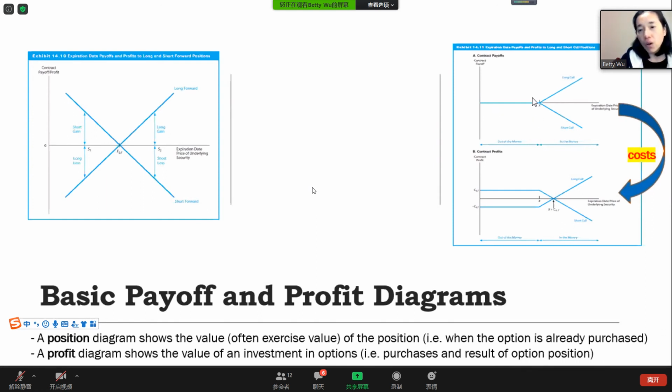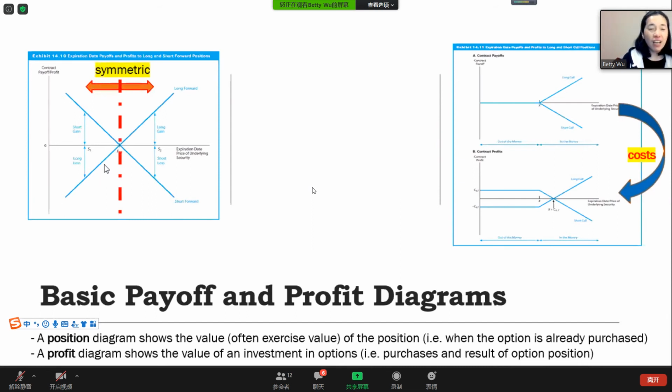So for a long call, you shift it down because you have to pay for the price. So for instance, this one, you go down to here, right? And this represents the cost or the option premium for this call. Okay, and for the other side, the short call, you have to shift upwards because you will receive the option premiums.